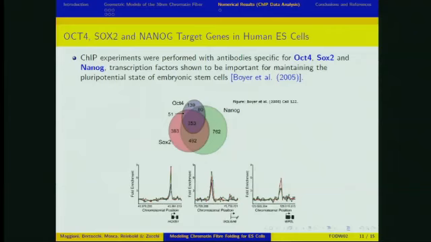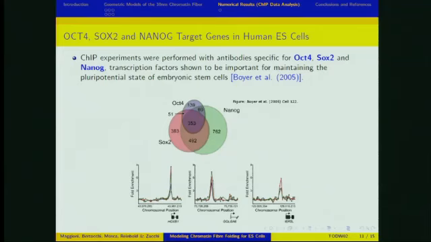In particular, the data that we have considered are reported in this paper by Boyer et al., published in 2005 in Cell, where they consider data obtained by specific antibodies against three transcription factors, OCT4, SOX2 and NANOG, that are very important for pluripotency.